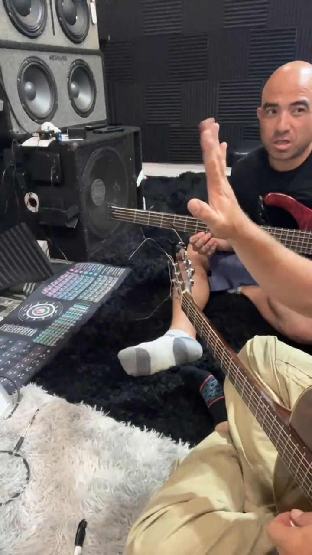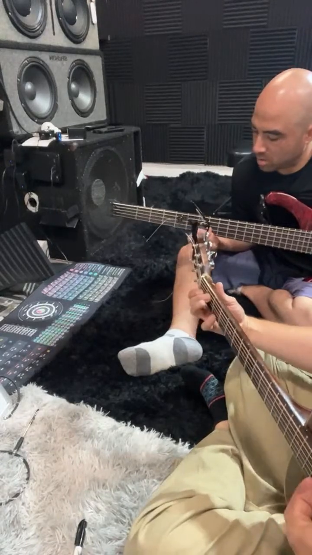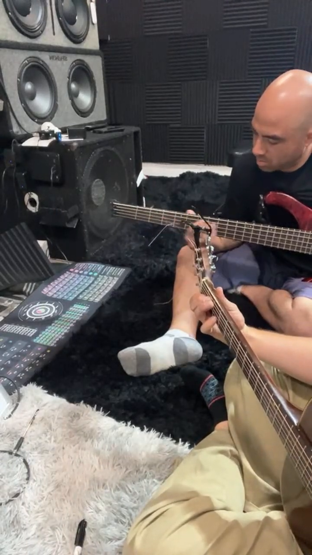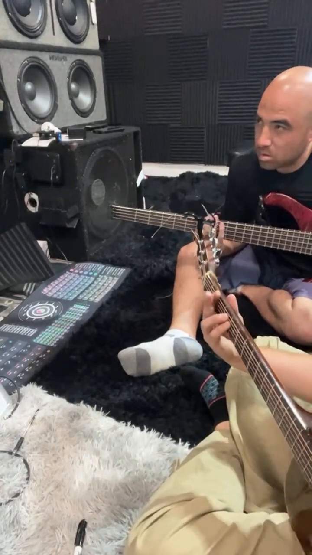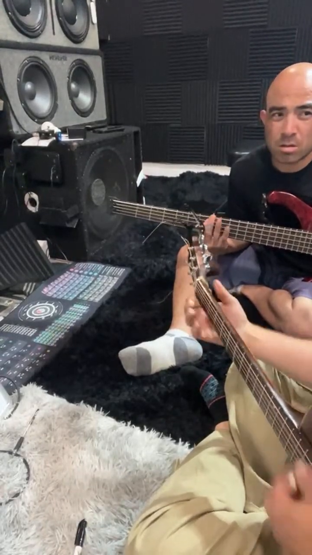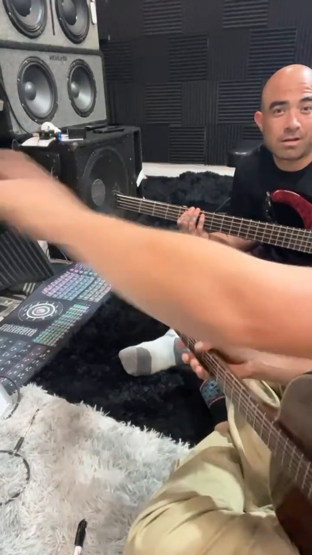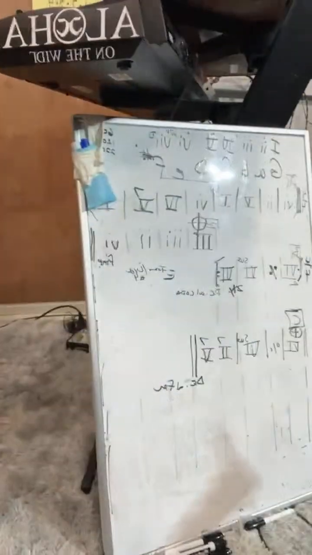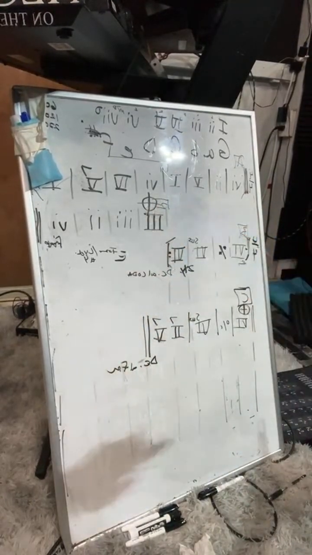A, B, C sharp, D, E. So do A7, D7, E7, and now play F sharp into B minor, into E. Right? Now we're in the key of A. We're doing the same progression that's written on the board now, the 6, 2, 5, 1. But now we're in the key of A.